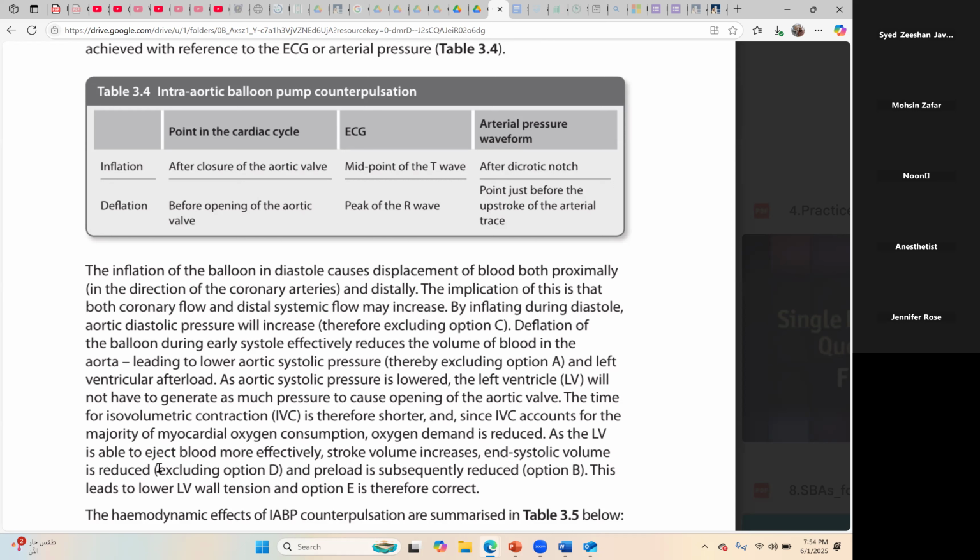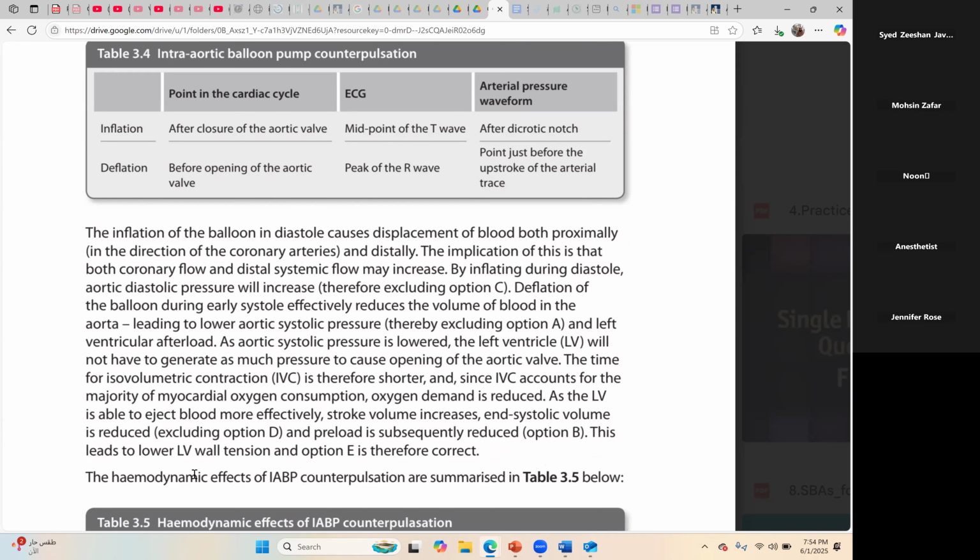As the LV is able to eject blood more effectively, stroke volume increases and end systolic volume is reduced. Okay. And preload is subsequently reduced. This leads to lower left ventricular wall tension.